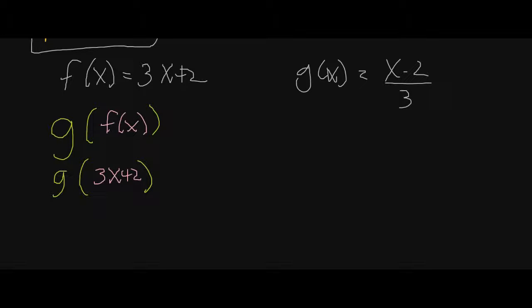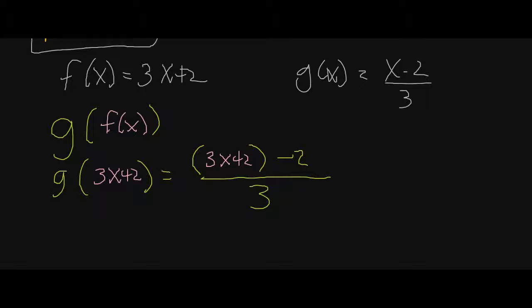We replace it like before. This entire thing replaces x, our input, wherever we see the x. So we get parentheses, 3x plus 2, close the parentheses, minus 2, all divided by 3.